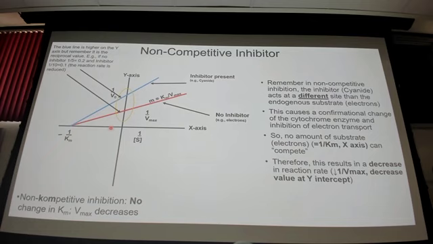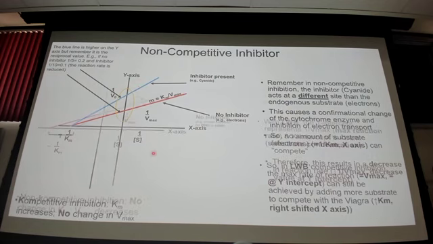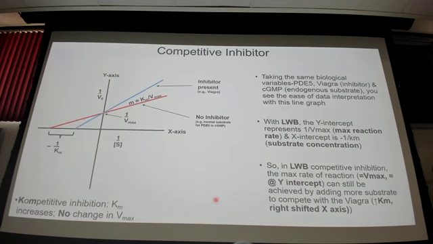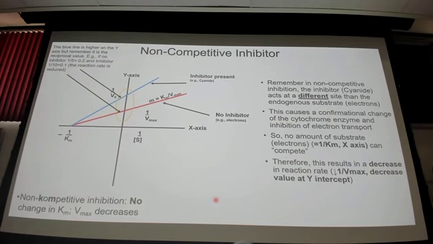So what you need to keep in mind is that this is 1 over Vmax. So if no inhibitor is 1 over 5 and this inhibitor line is 1 over 10, of course 0.2 is greater than 0.1. So it's kind of the inverse. So this line being up means that it's actually reduced, like we saw in this graph. Does that make sense? Meaning that more time is required in order to reach Vmax. You can't reach Vmax in non-competitive inhibition.